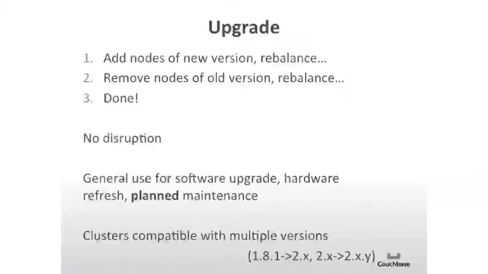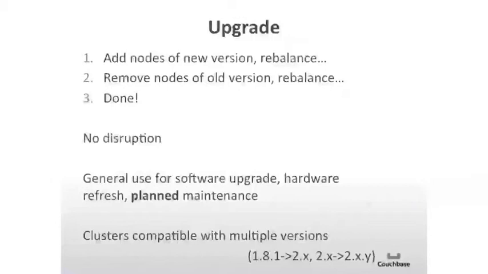The other thing, moving on to maintenance: upgrading the cluster should be a very, very simple exercise. Adding nodes of a new version and removing the nodes of the old version can be done simultaneously with a swap, which will allow you to upgrade from one version to the next.